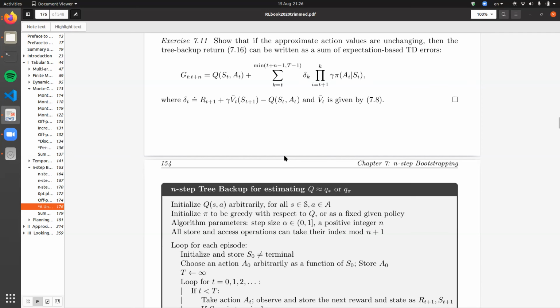Okay, and here the error at time step t is given as its return plus the approximate expected value minus the action value.